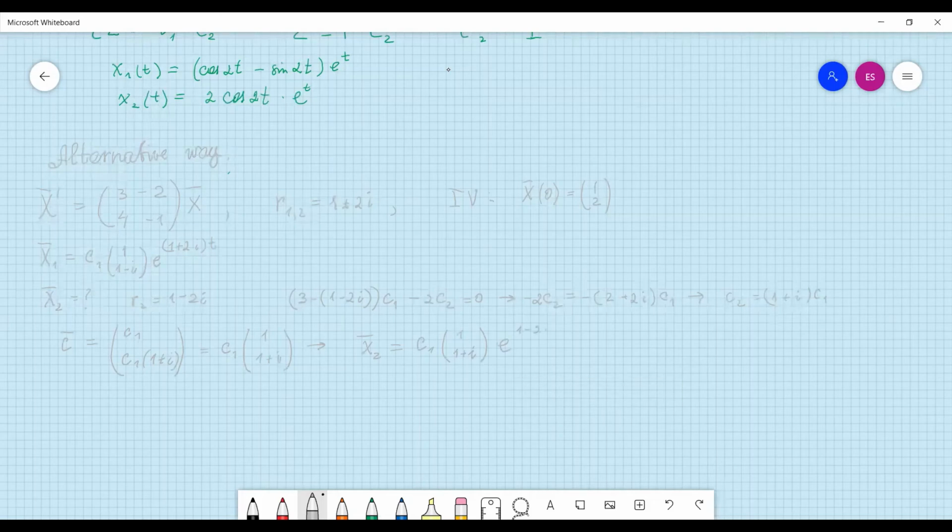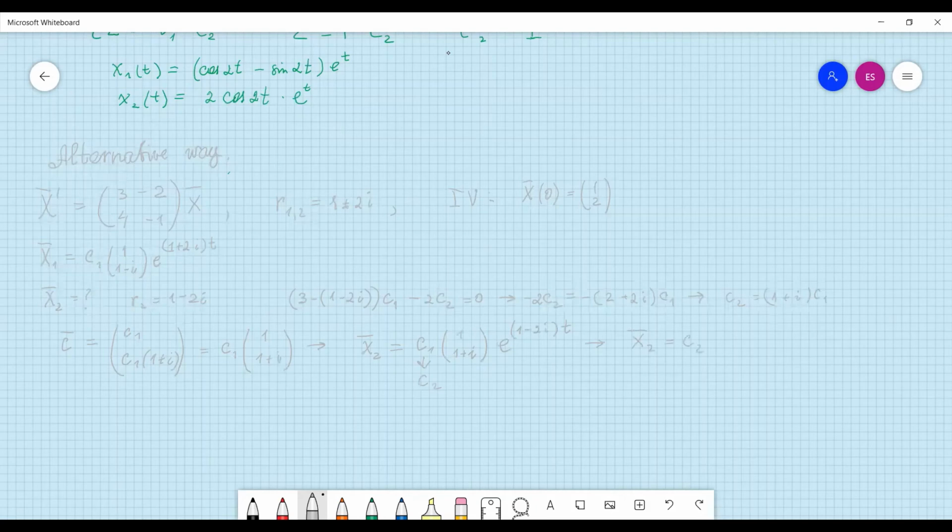So that's my second eigenvector. The only thing I want to change over here is to use c2 instead of c1 to make a difference between these two, because they're supposed to be multiplied by different arbitrary constants. Otherwise, it's going to be my second solution.